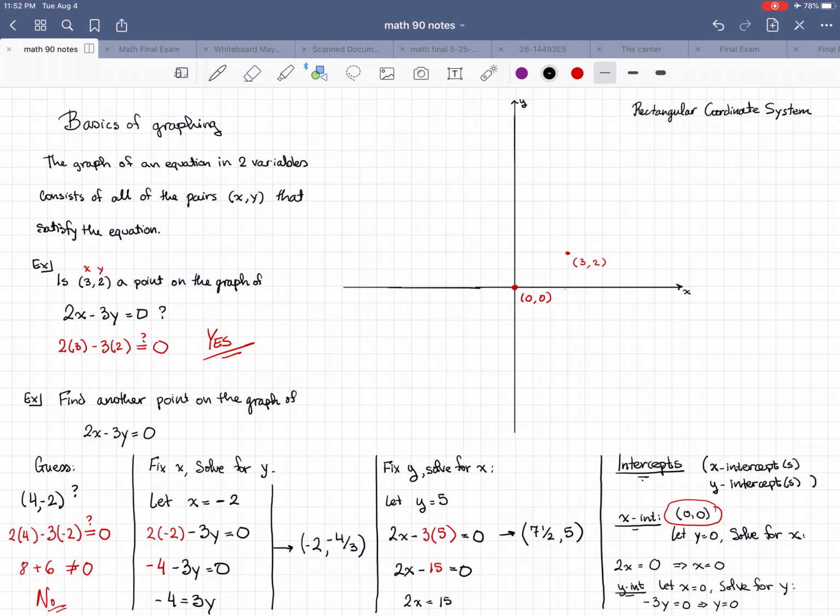Okay. So look, I've already got 0 and 3, 2 plotted. So those are 2 of the points, my origin and my 3, 2. Now -2, -4/3. So I'm going to go 2 left. Now, -4/3 is like -1 and 1/3. Some of you may find that helpful to write out.